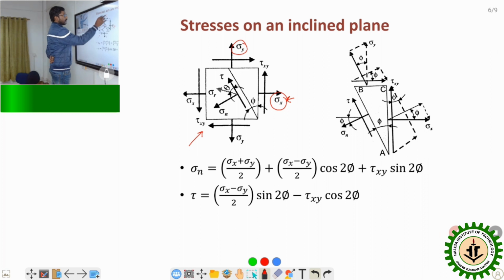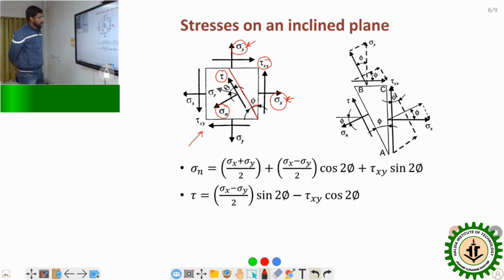These two are the normal stresses, and tau xy is the shear stress. In this configuration, if we consider an inclined plane at an angle of phi, we can calculate the normal stress sigma and shear stress tau on this inclined plane.